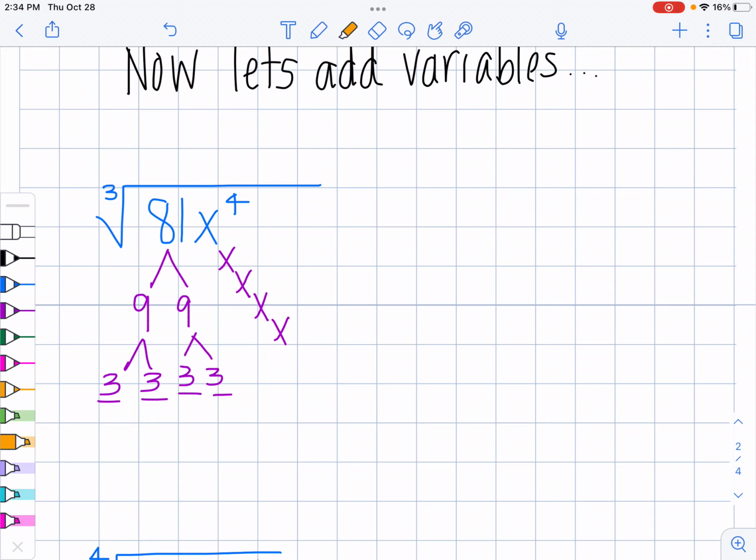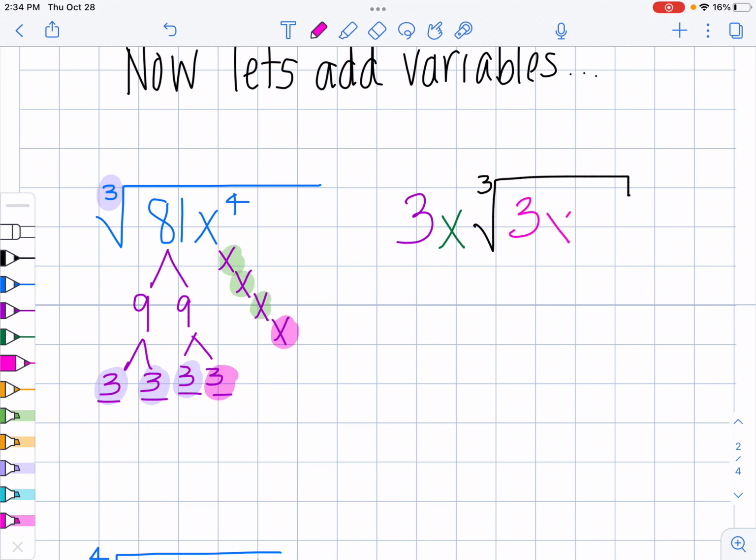Okay, I need 3 of a kind. 1, 2, 3. I can take out a 3. 1, 2, 3. I can take out an x. What do I have left over? I have a 3 and an x. So those go back inside my radical. Final answer. Okay.